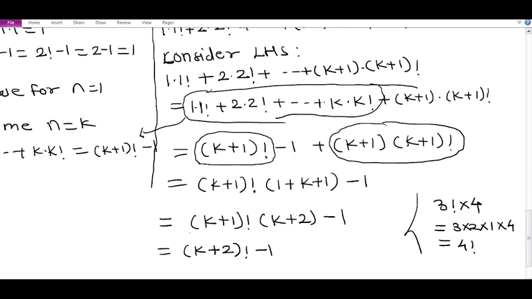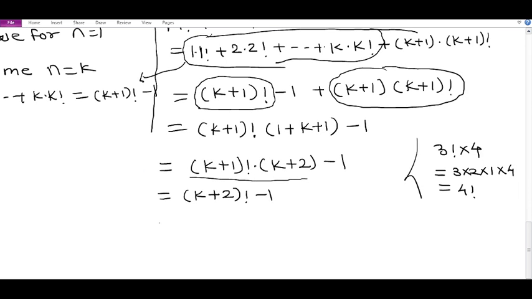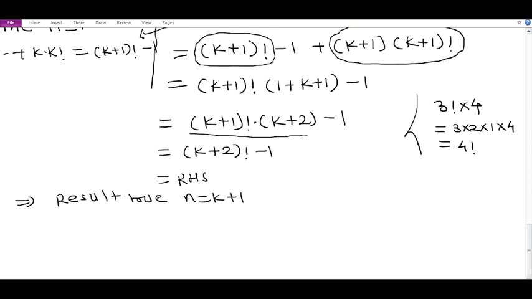Same thing: (k plus 1) factorial into (k plus 2) is (k plus 2) factorial, minus 1, and this is what we wanted to show, which is the RHS. Hence the result is true for n equal to k plus 1. By mathematical induction, the above result is true for all positive integers.